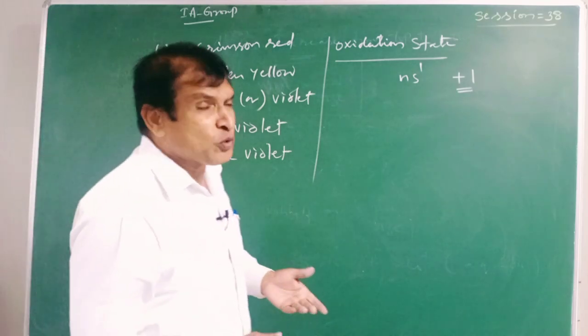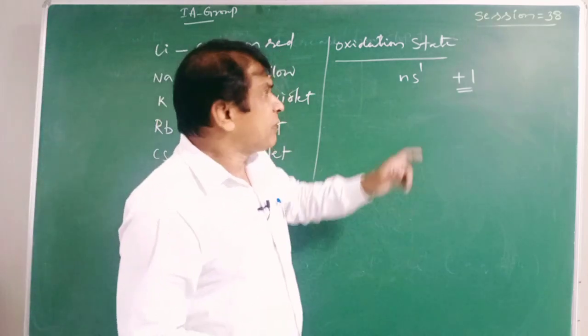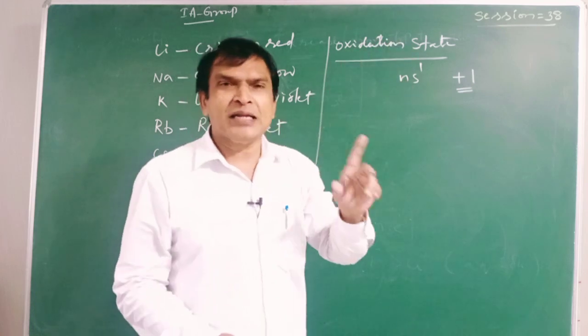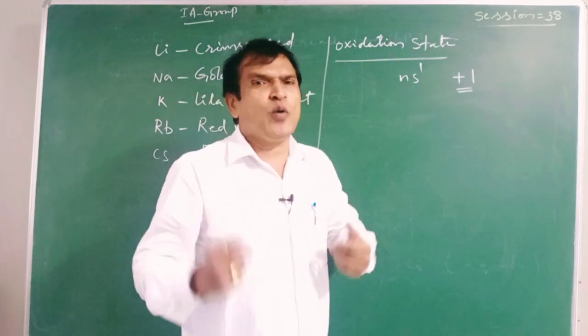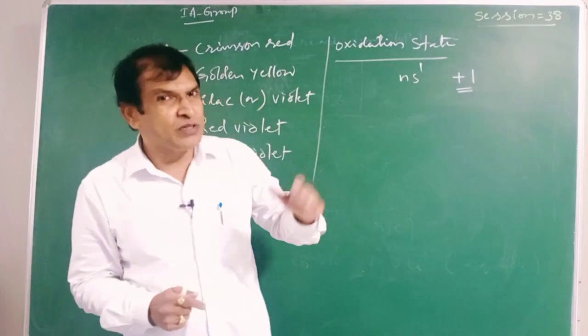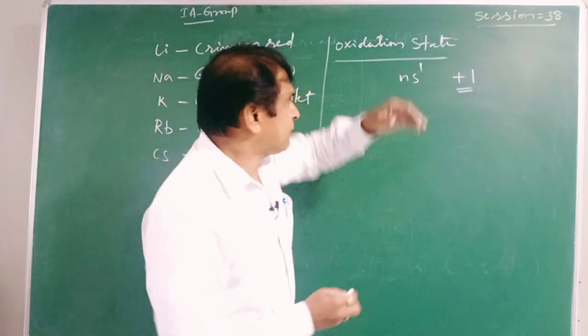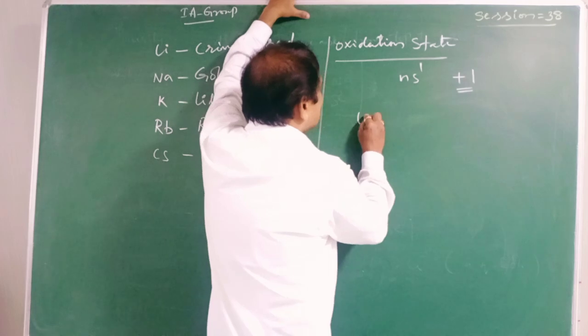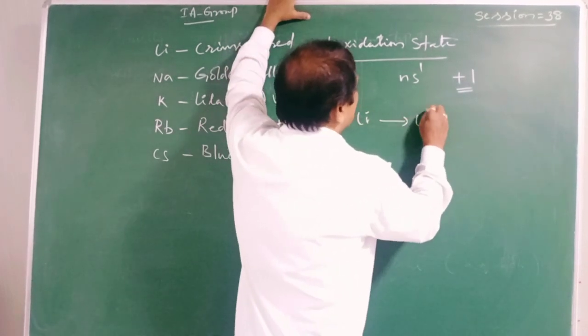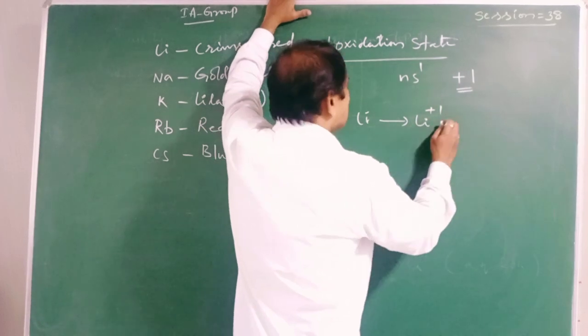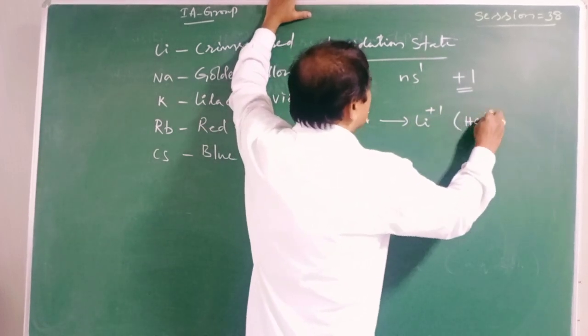Why do they exhibit only +1 oxidation state? Because they possess only one valence electron. By losing it, they can acquire the stable configuration of the nearest noble gas. For example, lithium, by losing its outermost electron, forms the lithium +1 ion, which acquires the stability of helium.